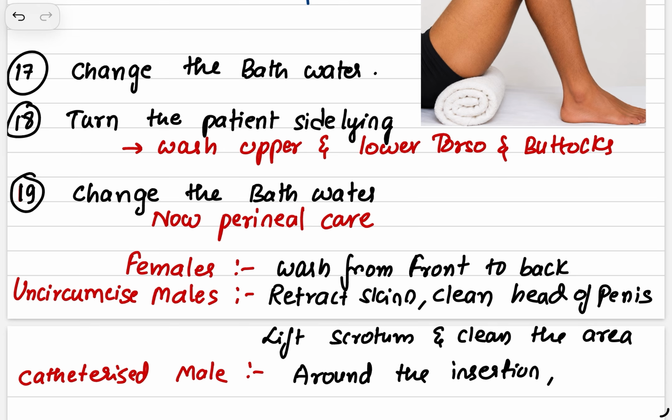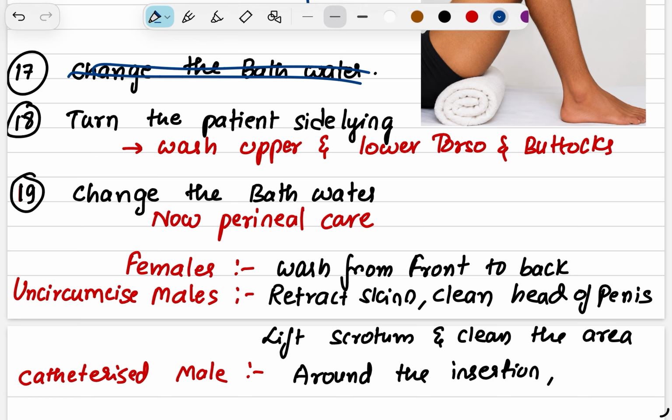And change the bath water for the perineal care. First you give the care for the back and dry it, and later on you need to change. This change of bath water should come here in the 19th step. 17th step is not there, you just think 19th step. Clear?